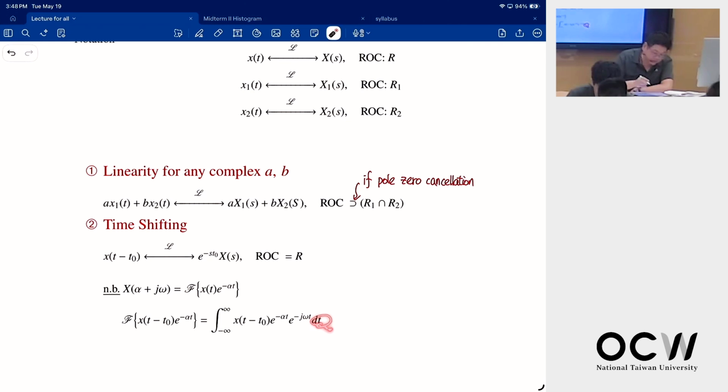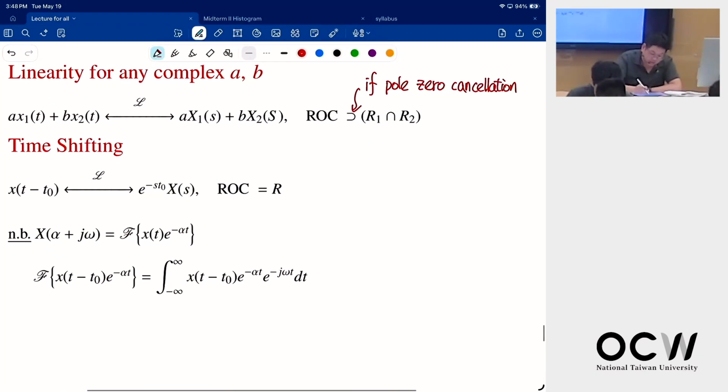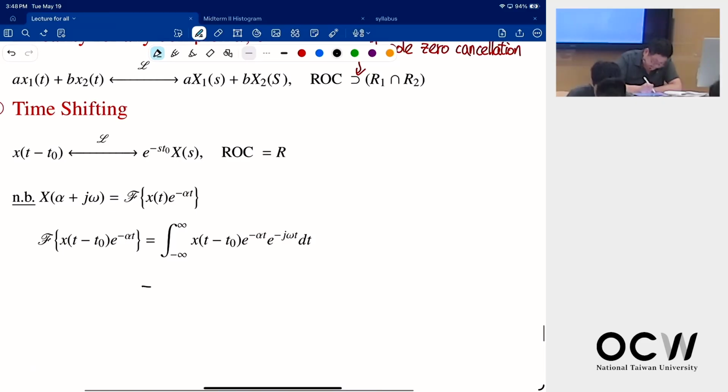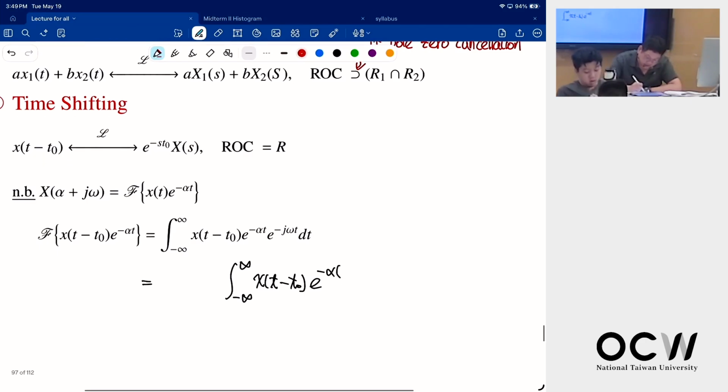Then we have the integration of x(t minus t naught), and I need e to the minus alpha, t becomes t minus t naught, and then e to the minus j omega, t becomes t minus t naught.